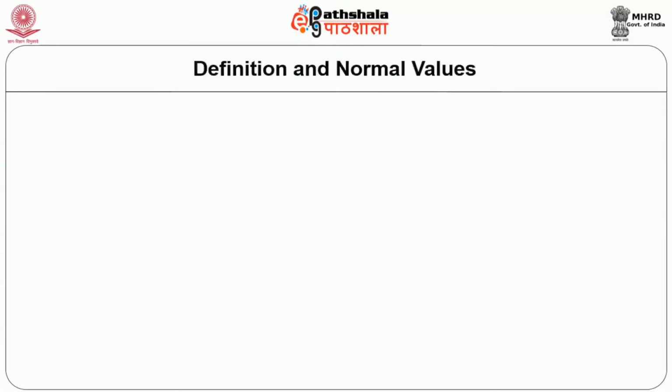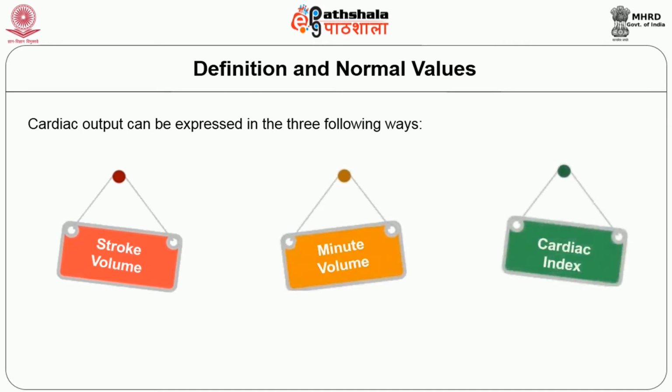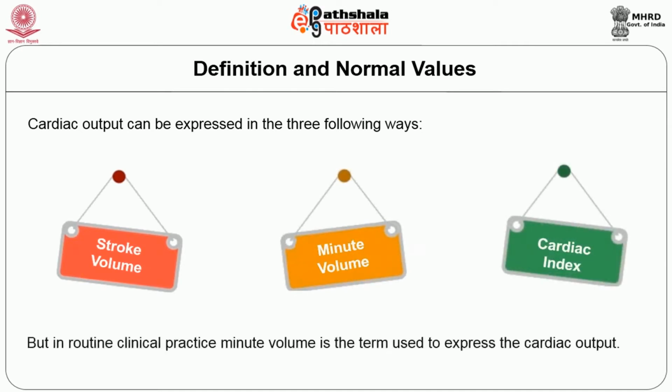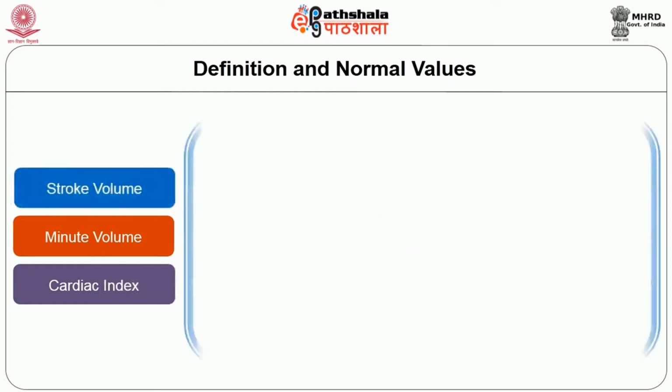Now, we will see some definitions and normal values of a few terms. Cardiac output can be expressed in three following ways: stroke volume, minute volume, and cardiac index. But in routine clinical practice, minute volume is the term used to express the cardiac output. Stroke volume. What is stroke volume?